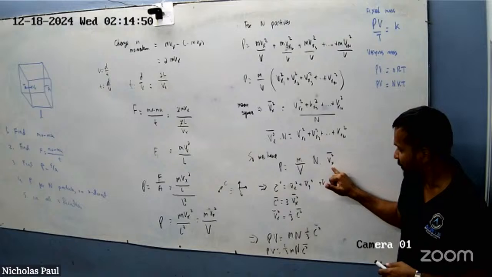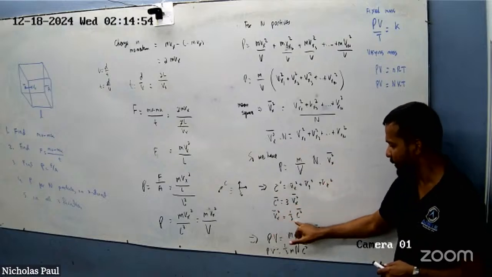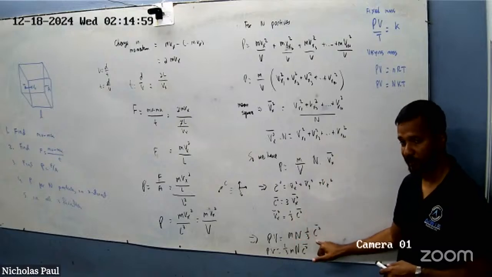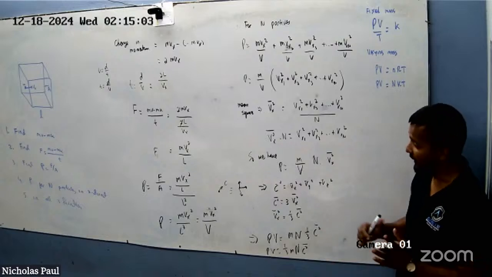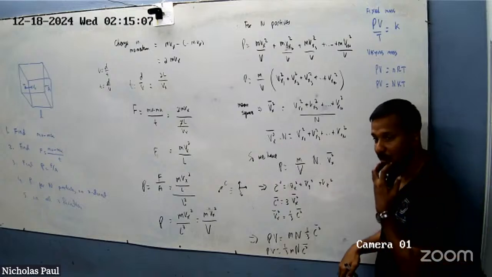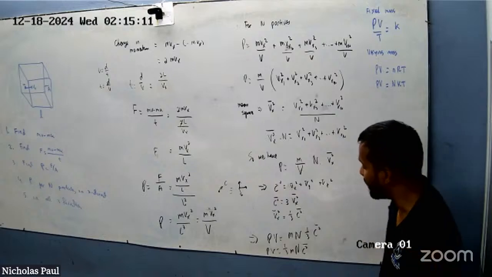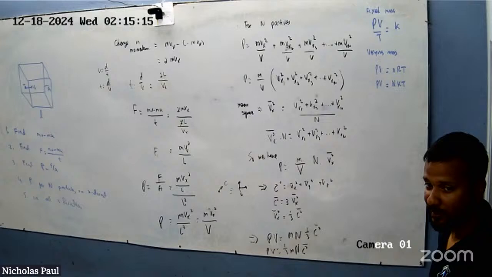I'm trying to replace Vx, so I carry across the 3, and I got Vx squared to be 1/3 mean squared. So I take off this and I put 1/3 mean squared. That's it. Okay? So that's a good sign if you understand up until here. Right? So go take a picture, write it down. Try and do it for yourself. Right? So that's phase 1 of the proof of our next part.